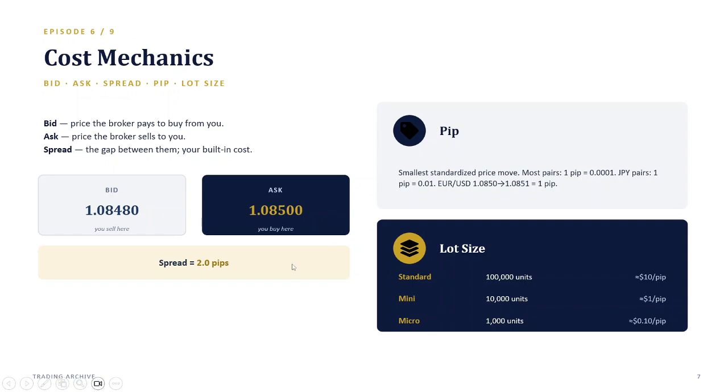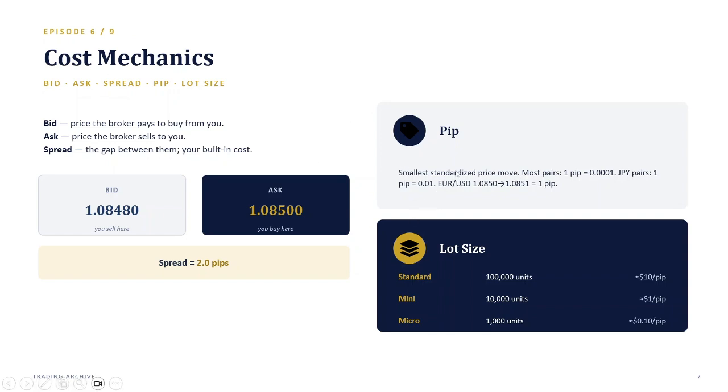When you do the math, it's 2 pips. It's the unit we use to measure the difference in price movement.